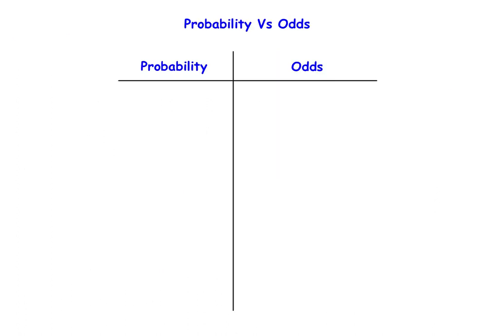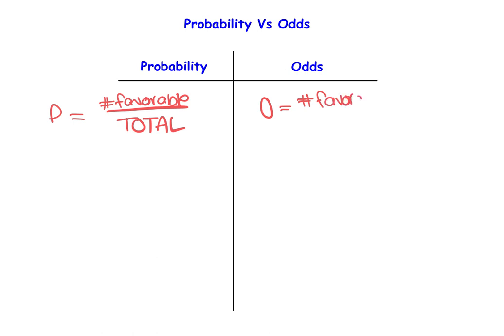So the last thing I want to do here is I want to compare and contrast these together. So remember, probability is calculated by taking the number of favorable over the total. And odds is calculated by taking the number of favorable, again in the top, with the number of unfavorable in the bottom.